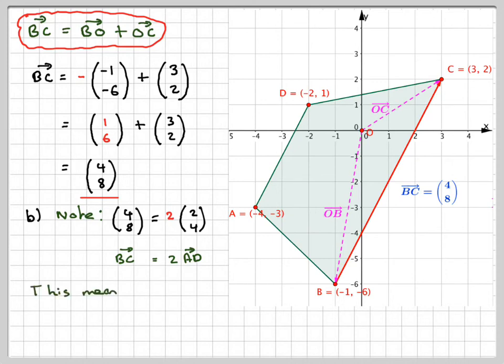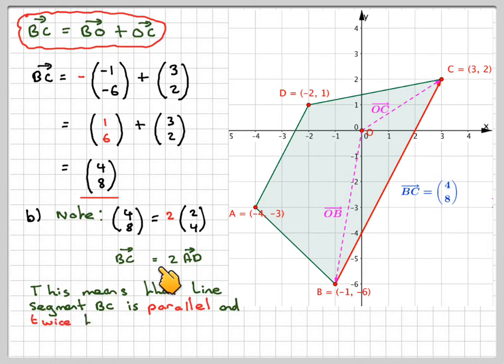So this tells me 2 things about the line segment BC. It means that BC is parallel to AD. If you can show that 2 vectors are equal, or one is a multiple of the other, then the two line segments will always be parallel. But because the multiple is 2, BC is twice the length of the line segment AD.